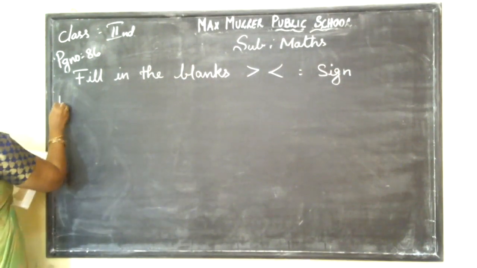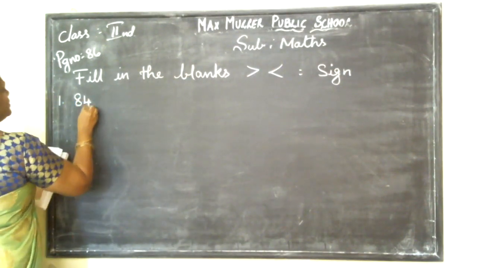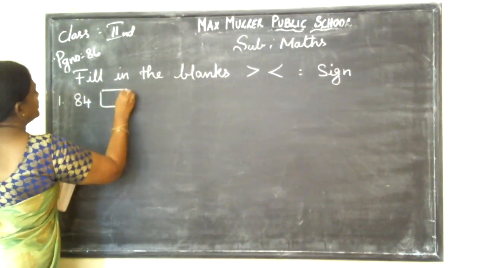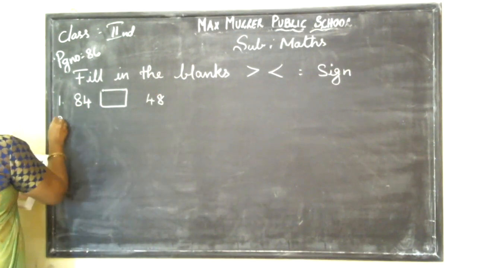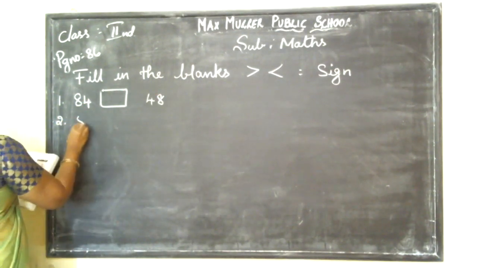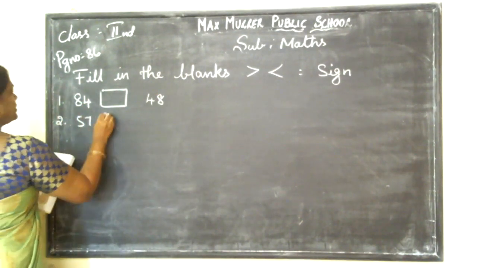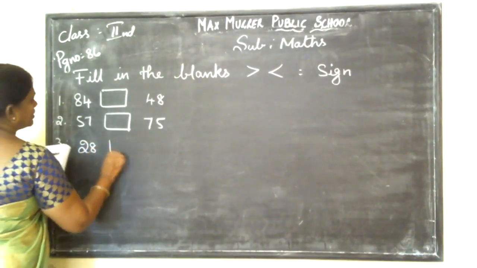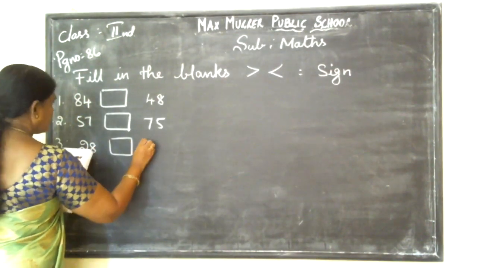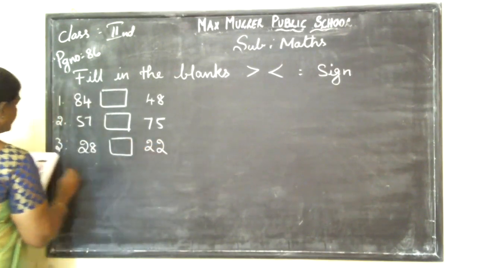See, first one is 84, 48. Second one, 57, 75. Third one, 28, 22.